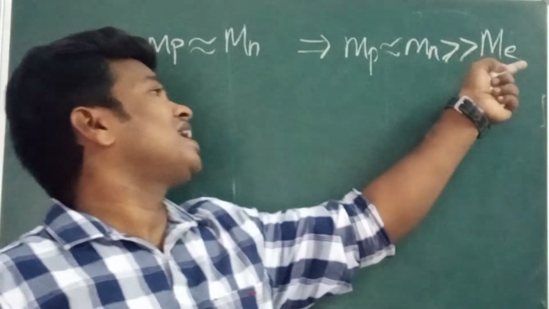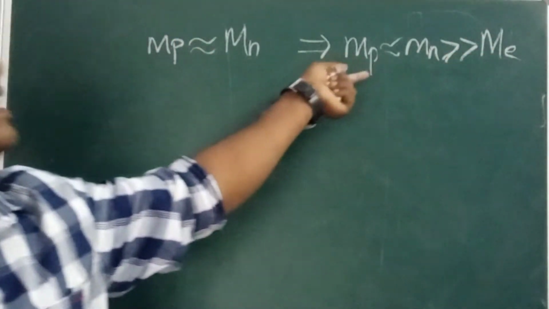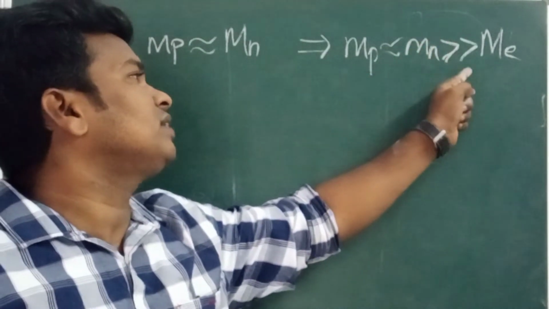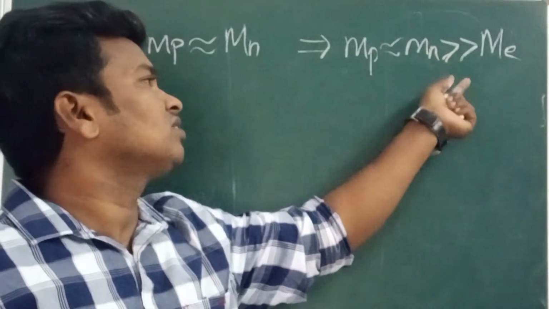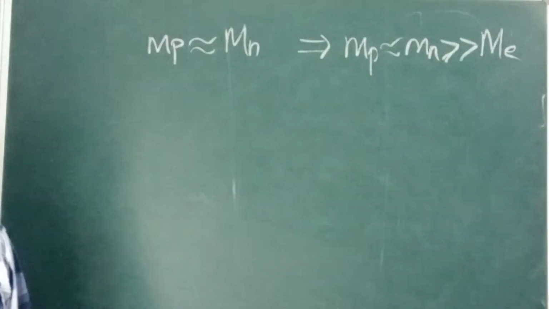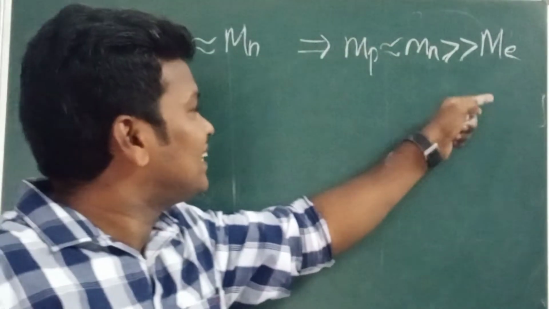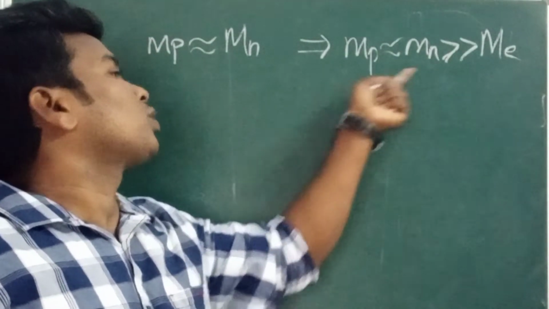The mass of the electron can be neglected with respect to the mass of the proton and the mass of the neutron.